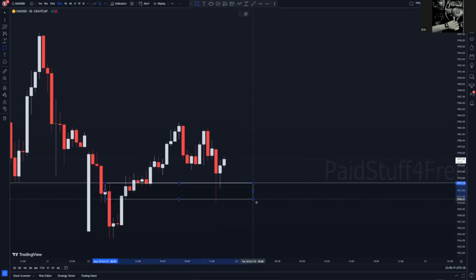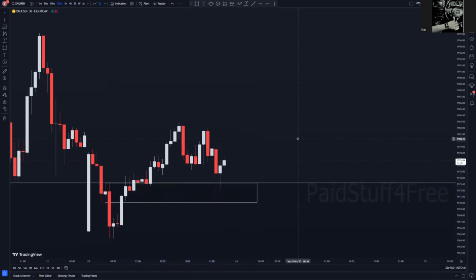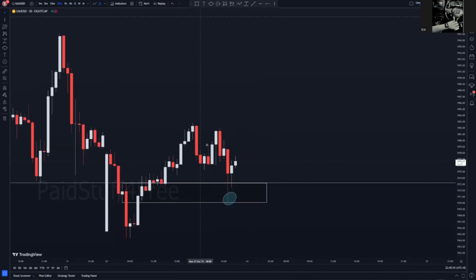First entry, right? Okay, simple. Take the buy somewhere around here, and then the price went up for about 60 pips. Sheesh. And right now the price is currently at the roadblock, right?